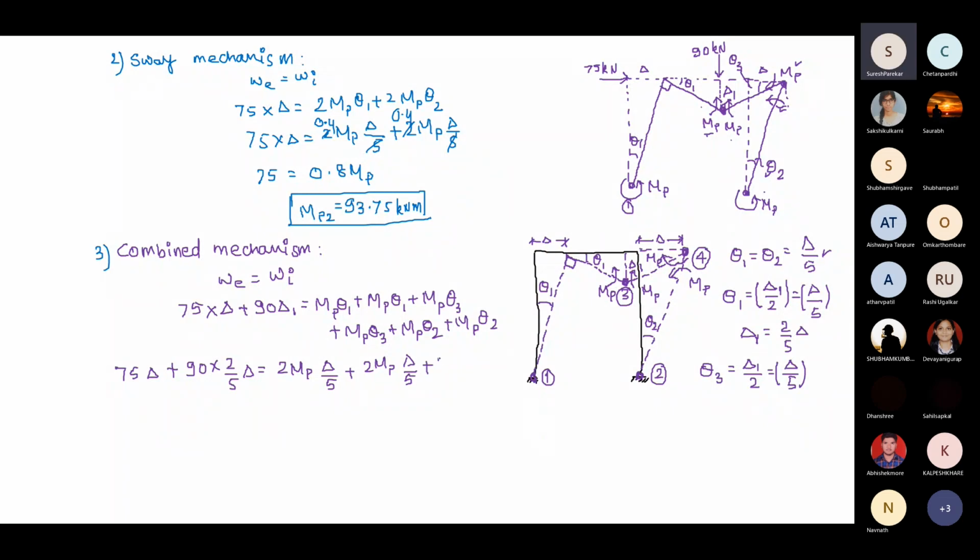And θ2 also we have delta by 5. So this delta gets cancelled. We have 75 plus 36 equal to, so this will be 0.4, 0.4, 0.4. So 1.2 MP. And from this we will get MP equal to.